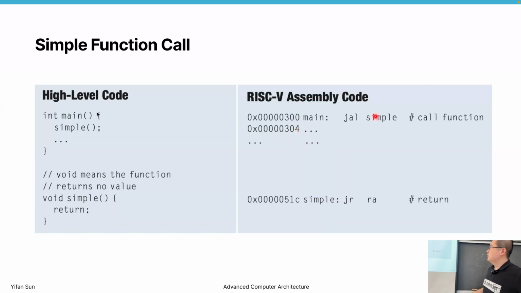So although in this assembly code, RA is not an input and not an output register, it will write into this register.